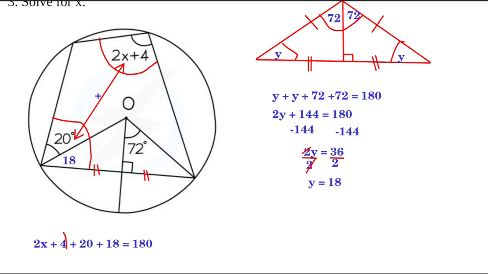Take note of this. This is one angle, and this one is the other angle that is down there. So the opposite angles of a cyclic quadrilateral should give us 180 degrees. That is, they are supplementary.